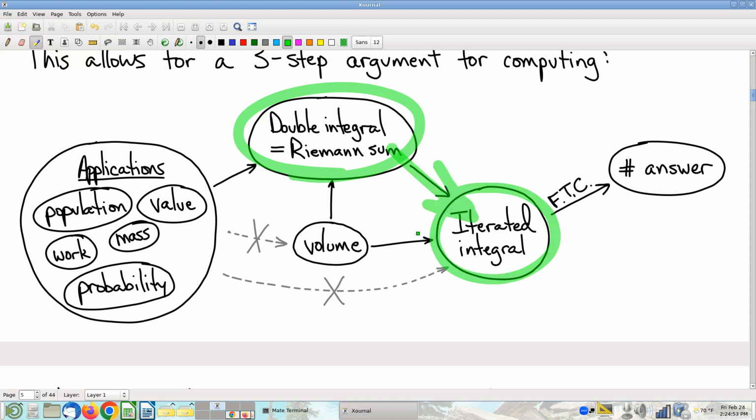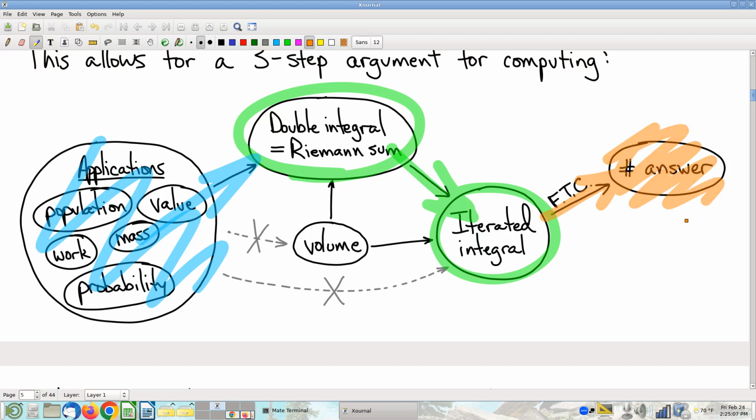That's it. So in this question, I'm not worrying about where the double integral came from. I'm also not going to spend time in this example on talking about how I would go about getting an answer, how I would plug and chug compute the iterated integral, because you already know how to do the fundamental theorem of calculus. We've done several examples of computing iterated integrals with the fundamental theorem of calculus.